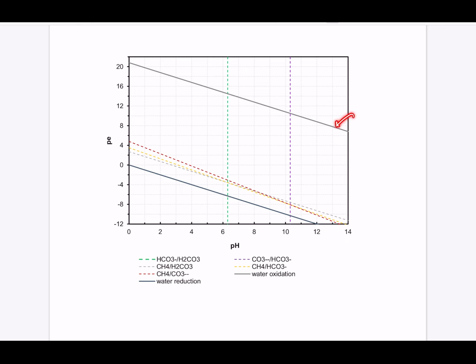Also, we have water oxidation and reduction lines. So every line that is beyond this box is thermodynamically not feasible. So this part doesn't make sense. This part doesn't happen, and these two. So that basically narrows down between the water splitting window again.